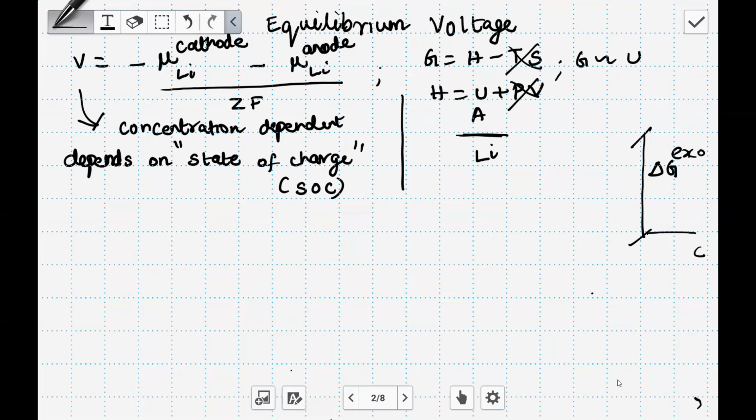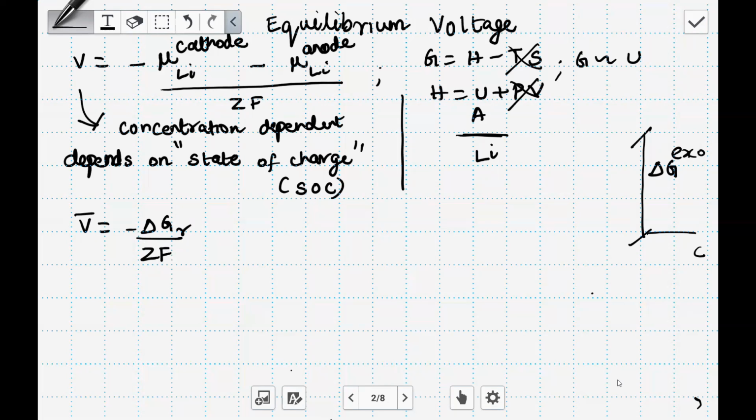So the potential which you get can be integrated. It depends upon the state of charge, and you can talk about an average potential for this delta G for this reaction. The potential you generate depends on the charge that is transferred, z. This is just like the electrostatic equation.